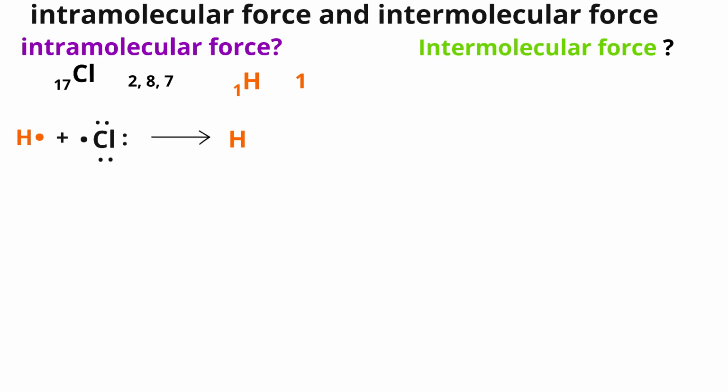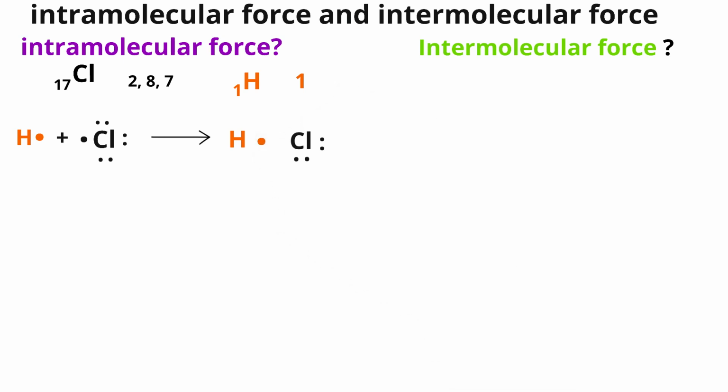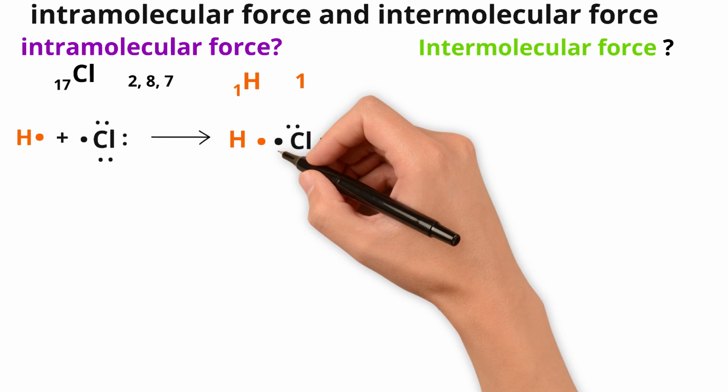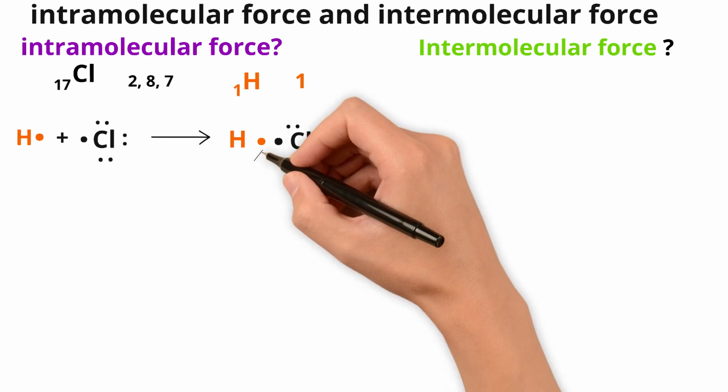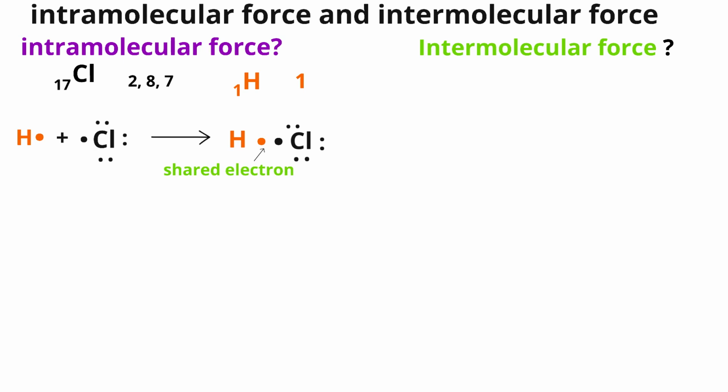These shared electrons come from one electron from hydrogen and the other from chlorine, and we call them shared electrons. Now, the shared electrons form a single bond.